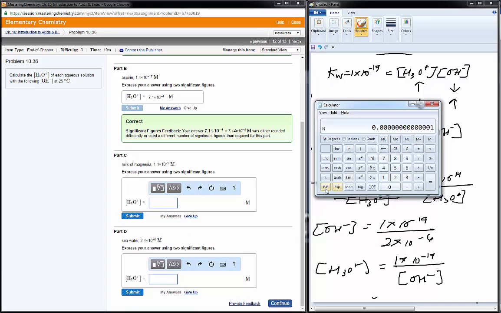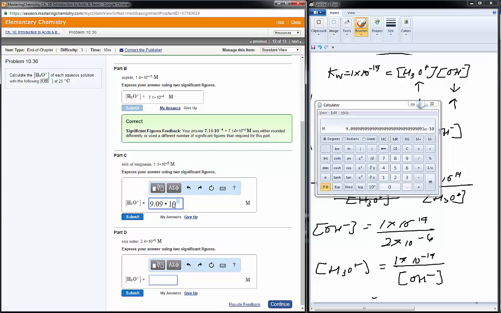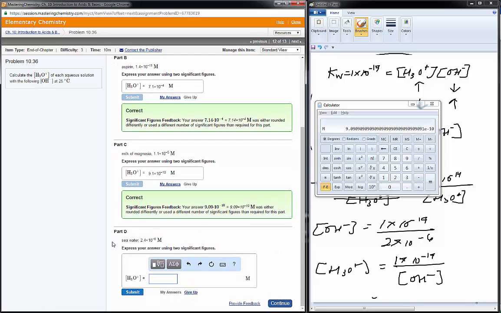Right, starting over, memory recall, there's my 1 times 10 to the negative 14th. I'm going to divide that by 1.1 times 10 to the negative 5th. Now I get 9.09 times 10 to the negative 10th. And finally, seawater. Start with 1 times 10 to the negative 14th.